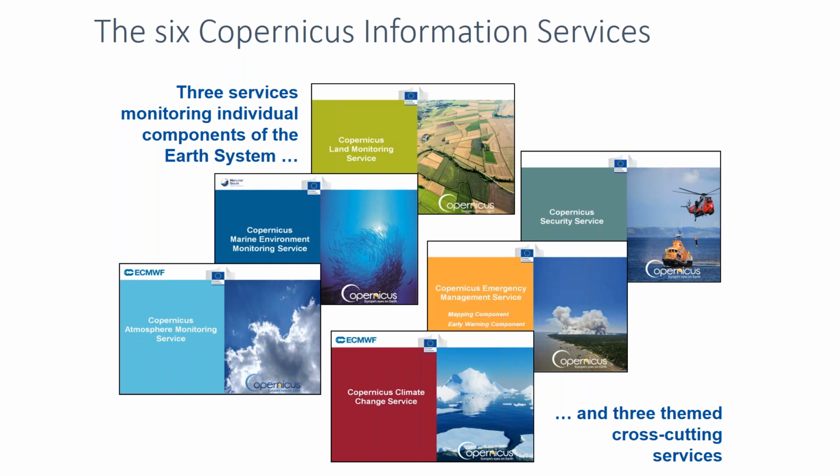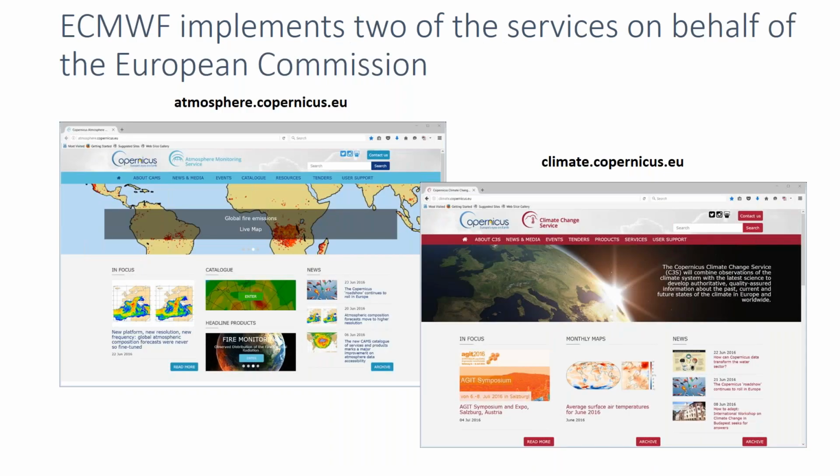Next, please. So the way that works is that the European Commission selected different institutions to implement these services, and they chose ECMWF for 2 of them, namely atmosphere composition and climate.